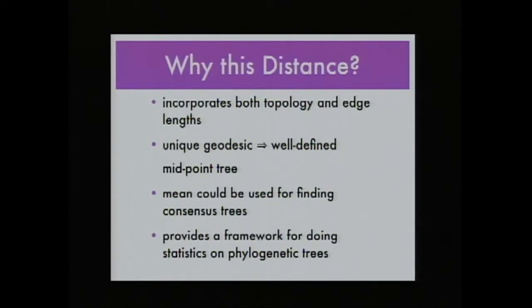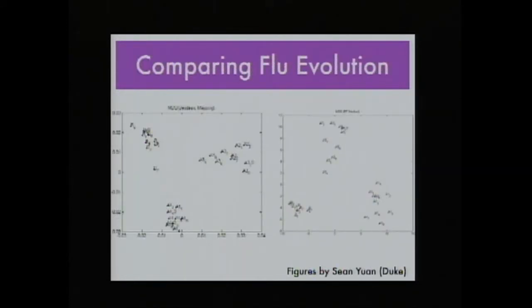Okay. Maybe just because this is not a mathematical talk, and it's more for practical people, I want to show you that this distance does cluster biological data the way we would want. We're comparing trees for three different types of flu strains: type B, type H1N1, not the most recent kind but the one from before, and type H3N2.